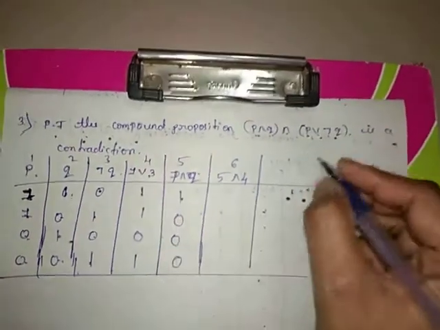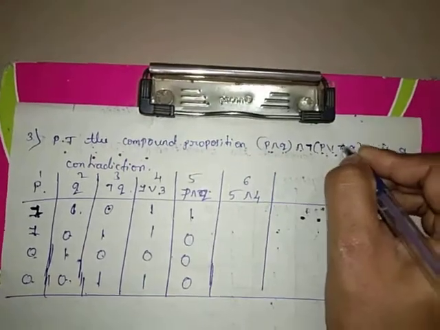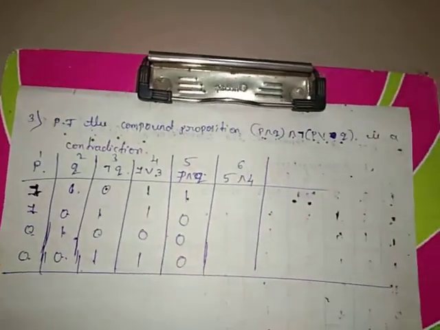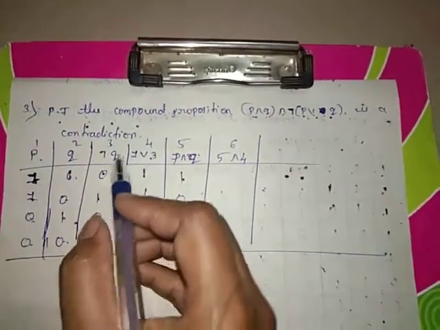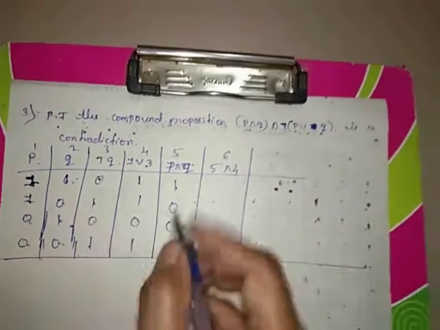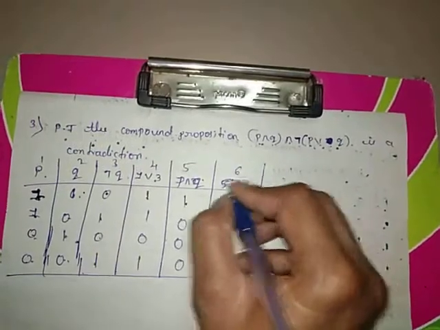Sorry, let me make some arrangements here. We need the negation of P or Q. So P or Q, I am taking one more column.